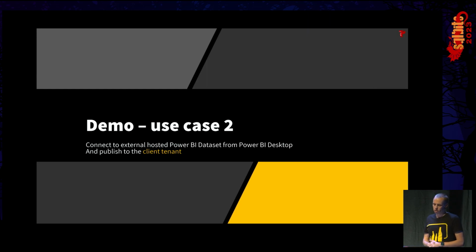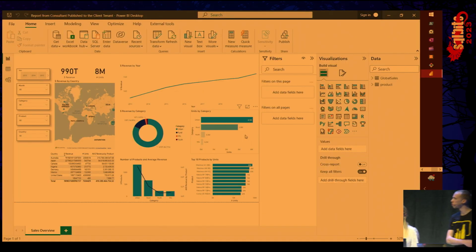So that's the second demo we want to show you, and there's a nice little trick involved here. So let's jump back to Odette, where she will be able to publish something to my tenant with her guest account. Yeah, so now we have a not so beautiful report, so don't mind it. But for example, if I put some data there, so now again I have only Mark's data here.